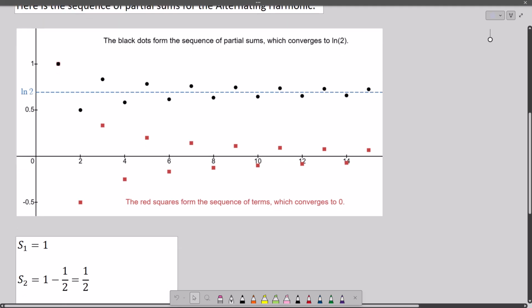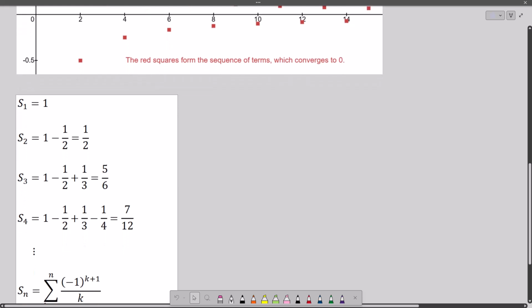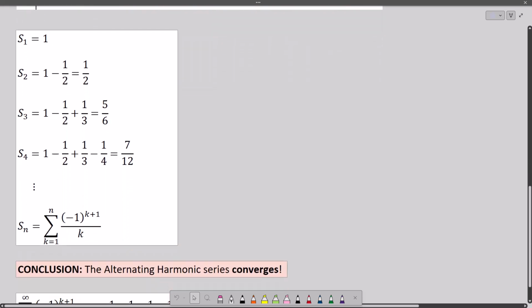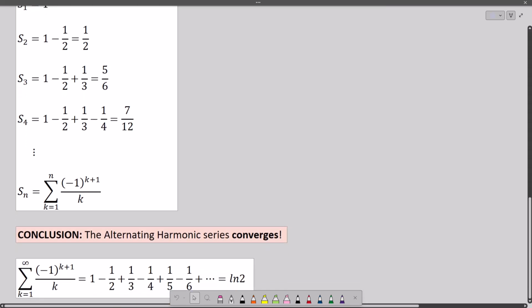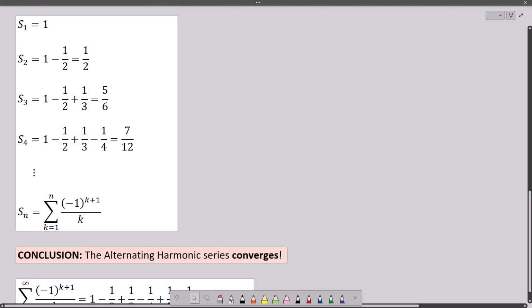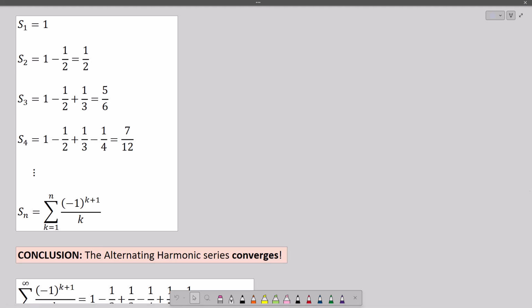Here are the partial sums: 1/2, 5 over 6, 7 over 12. We are not going to be able to come up with a pattern for this S sub n. You can try. There is a pattern for the alternating harmonic, but it's very hard to get to.